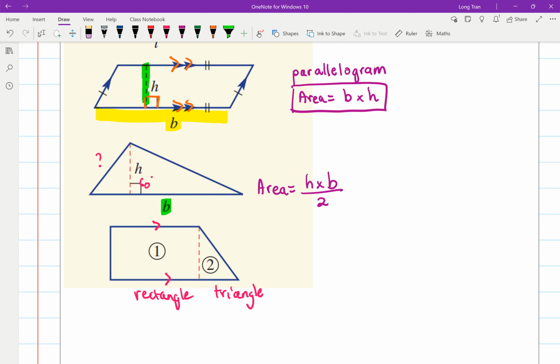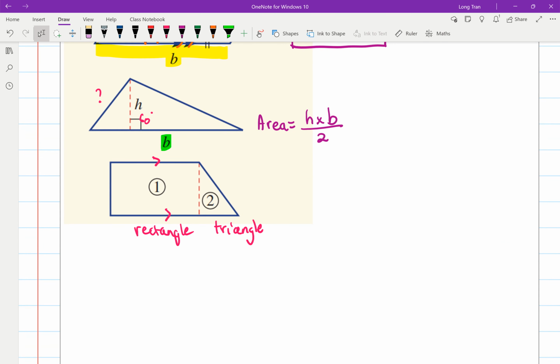All right. This shape here, I want you to copy this down. This is, again, notice I put in the arrows for you. They have one pair of parallel lines. When you have one pair, what's the name for this shape again? Trapezium. Very good. So this is a triangle up here. I want you to write down the area of a trapezium formula.